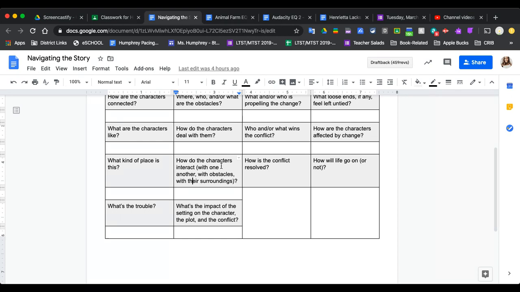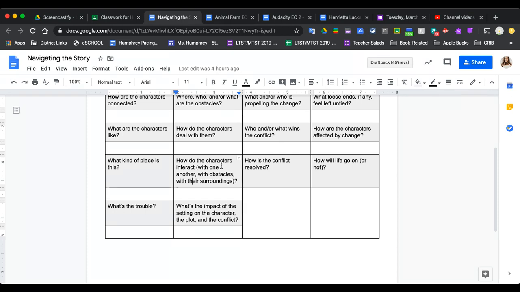So the way that they interact with each other is going to be interesting. How are our characters interacting with their obstacles? And then how are our characters interacting with their surroundings? So for most books, we've got surroundings that are starting to change. Animal Farm, you're kind of stuck on Animal Farm, but the surroundings themselves continue to change a little bit. New windmills are made and broken down on a fairly regular basis, and that affects things.